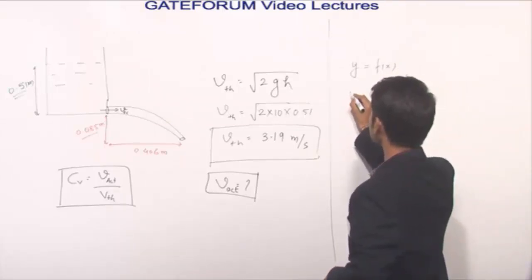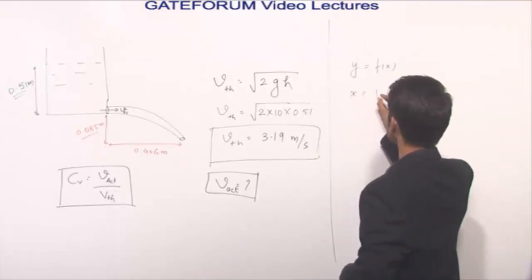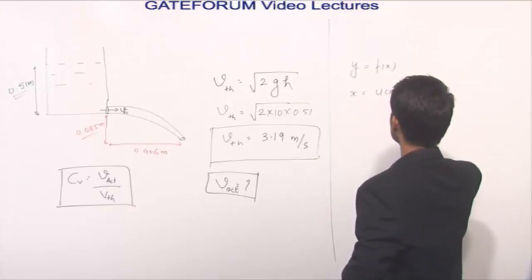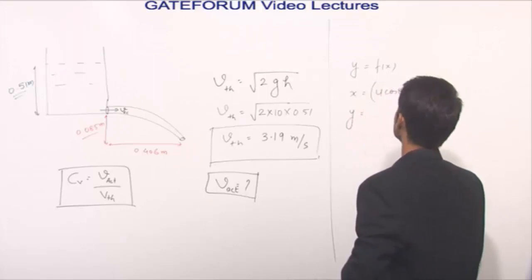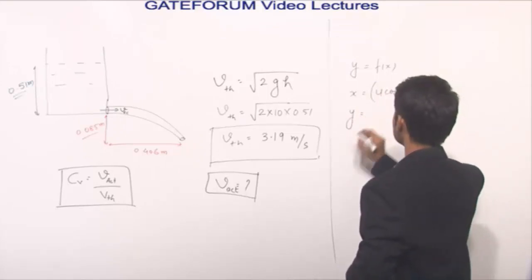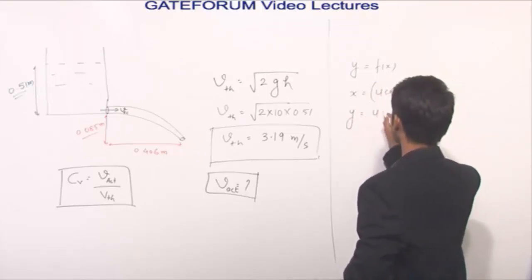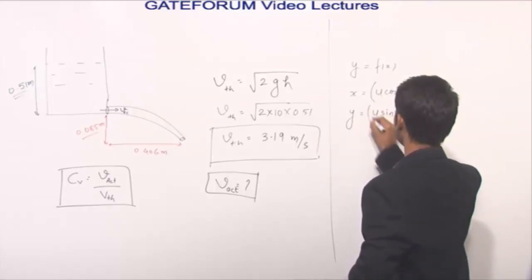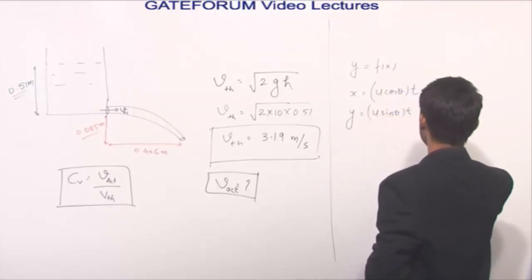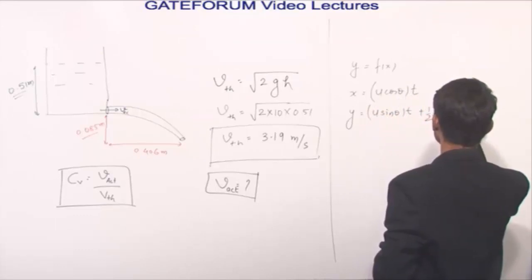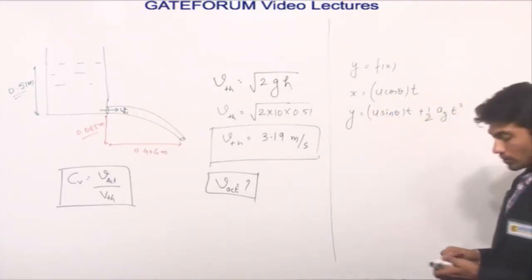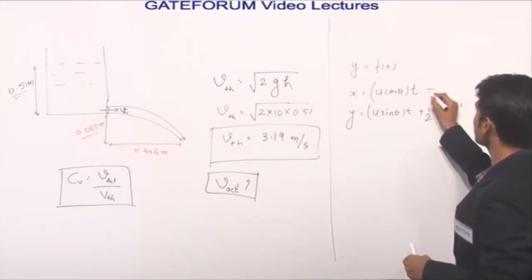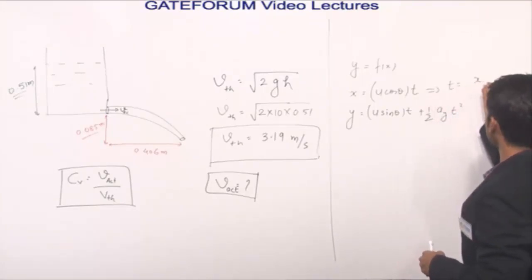For coordinate x, I can write u cos theta into t, and for coordinate y I can write u sin theta into t plus half acceleration in y direction into t square. Here t is a variable which we want to eliminate. So from this equation we can write t is equal to x upon u cos theta.